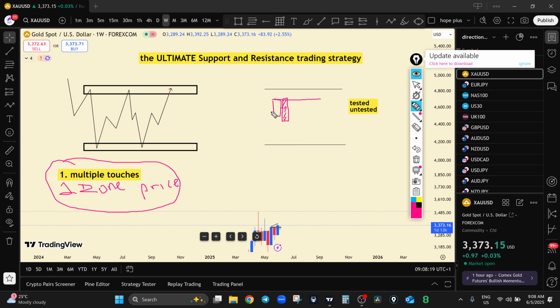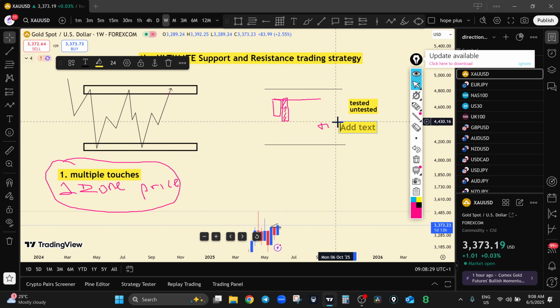How do you identify the reversal opening price? Then we have the continuation opening price. And we have the Quasimodo.